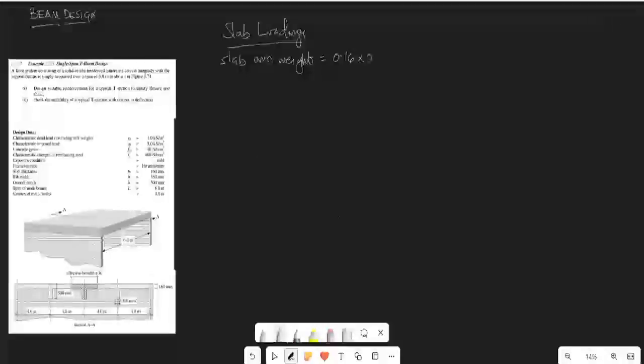All right, then multiply by 24, density of concrete, then we have 3.84 kilonewton per meter square.